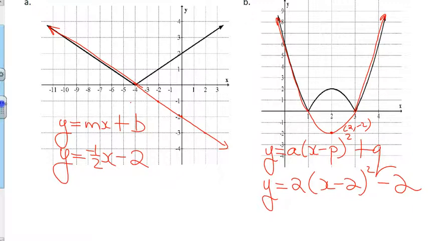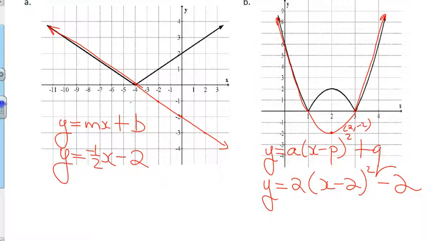So we get y equals 2(x minus 2) quantity squared minus 2. Yes? No? Thumbs up? Good? Okay, I'll give you a moment. Copy that down, and we'll do the other one.